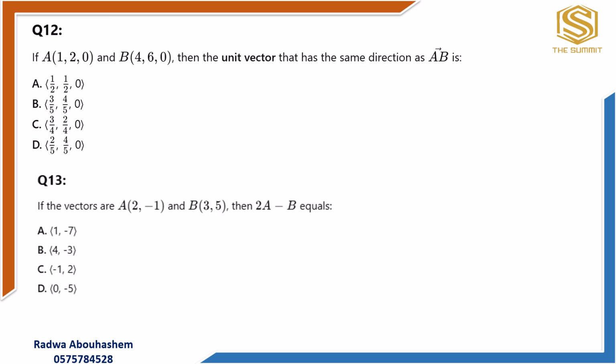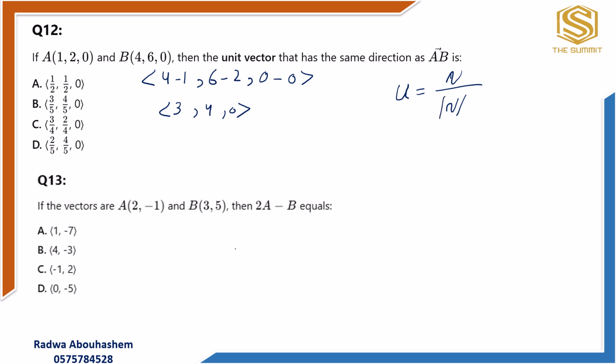Now, question number 12, we have here a three-dimensional vector, and we need to get the unit vector. So let's get the vector first. So here it would be 4 minus 1, 6 minus 2, and 0 minus 0. So it's (3, 4, 0). Now, the unit vector rule says the vector over the magnitude.